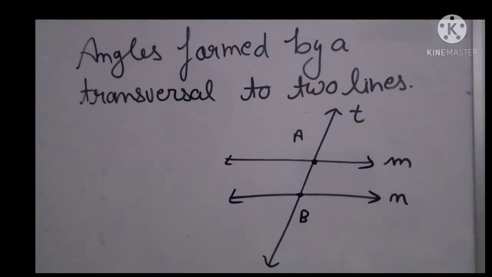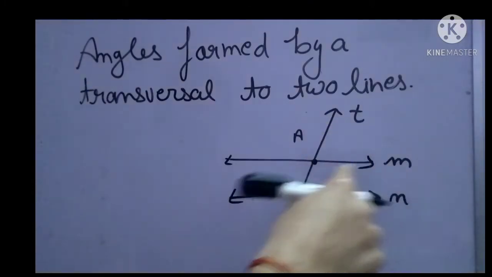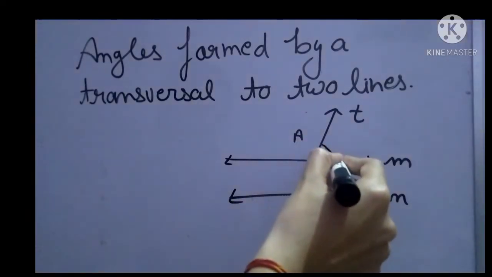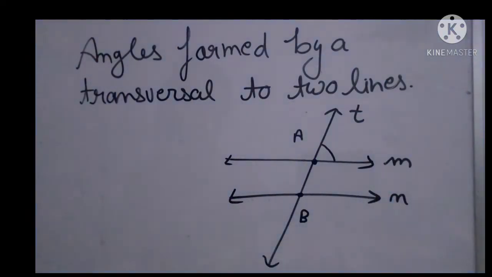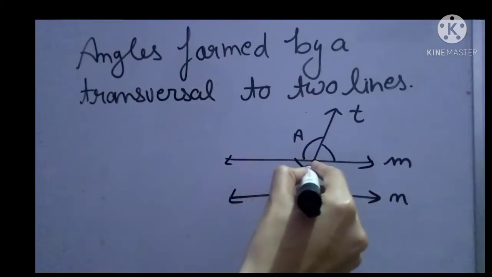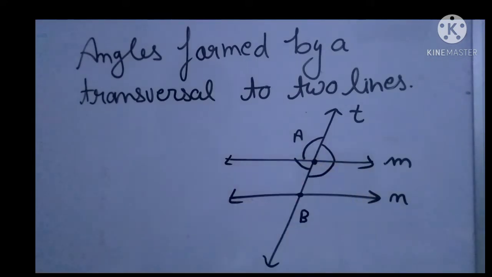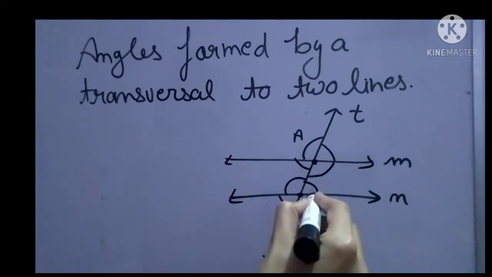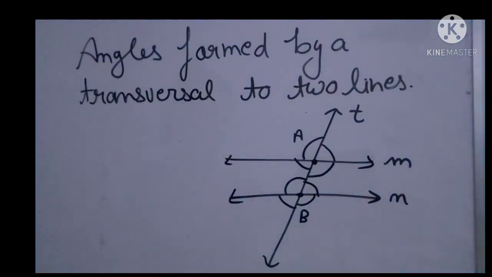This AT works as a ray on line M, and at this point these two rays meet each other, so here an angle is formed. Similarly here an angle is also formed, here also and here also. Similarly at this point again some angles are formed.